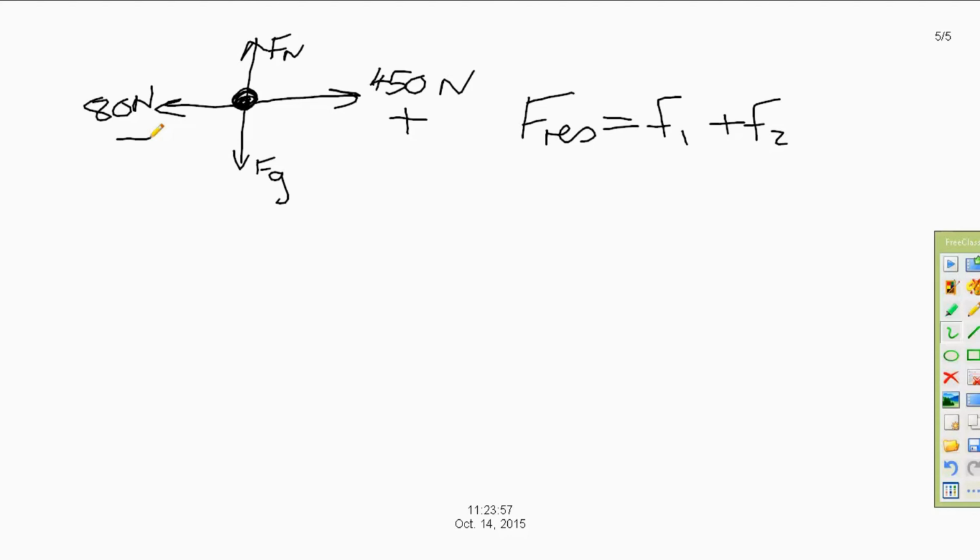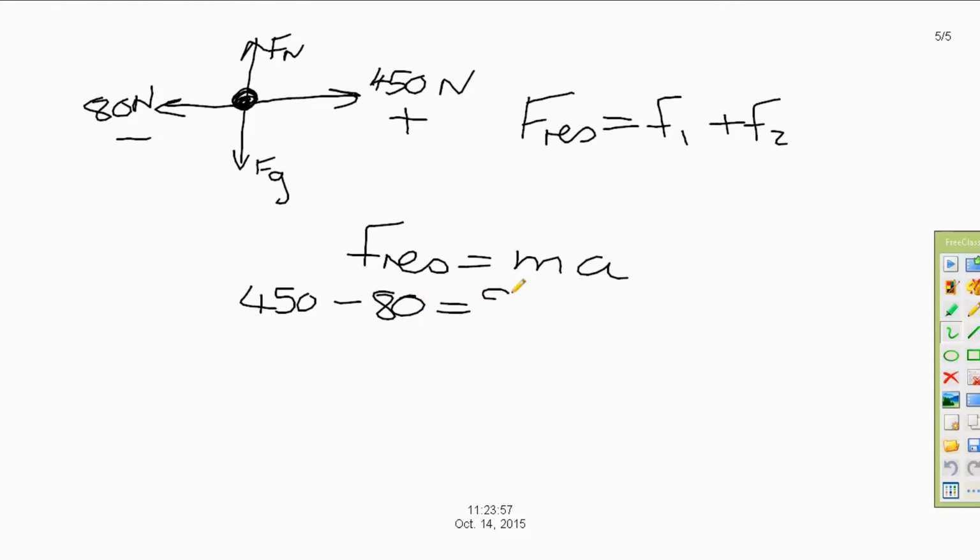If we put everything together and we now want to calculate the acceleration, we just add that part into our formula. So we will have 450 to the right plus negative 80, minus 80, and we still have our mass of 900, and we are calculating acceleration.